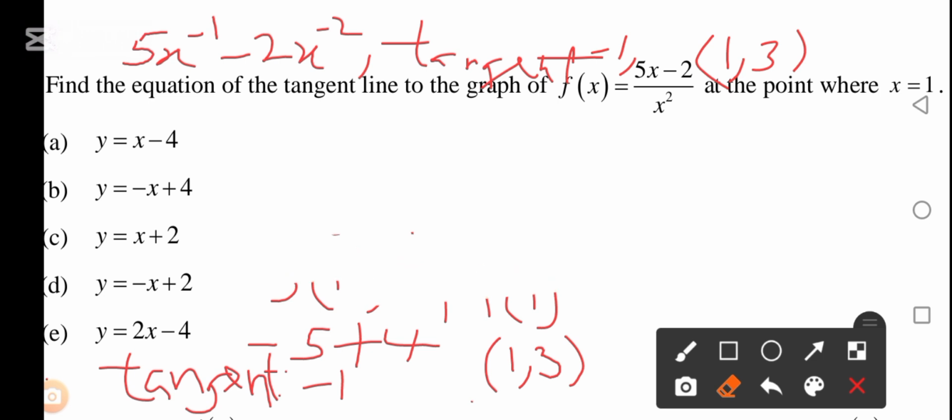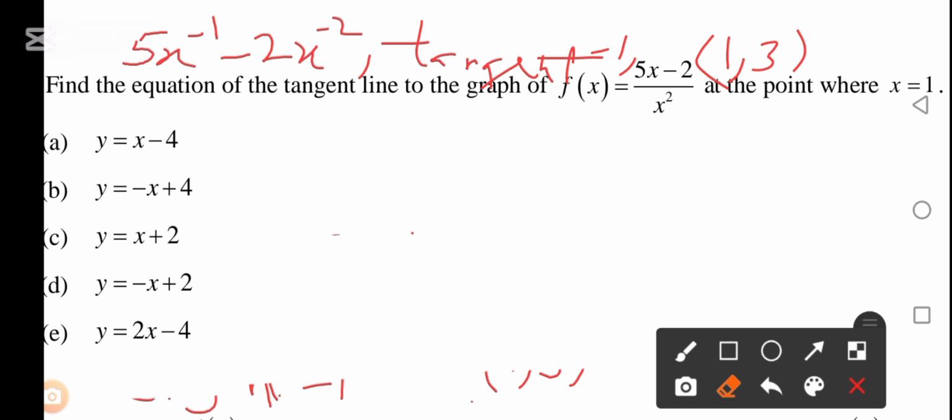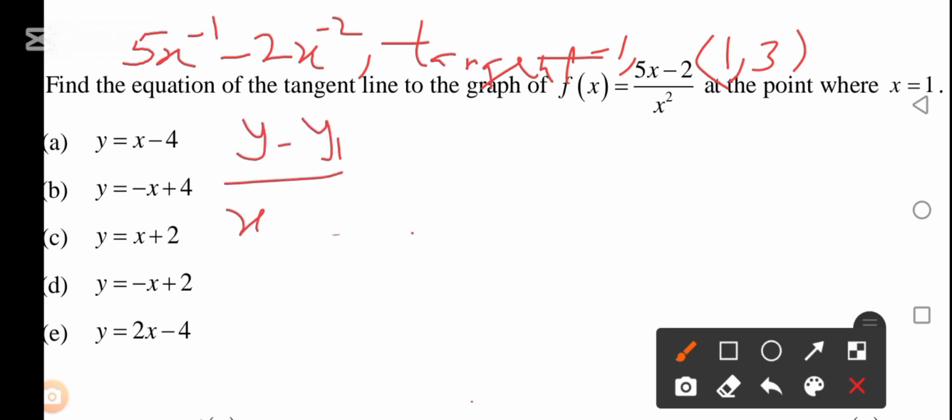To find the equation of a straight line, we have the gradient already, and we use the common expression y minus y1 over x minus x1 is equal to the gradient.